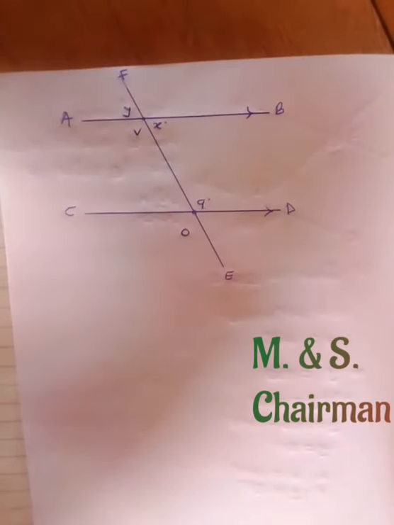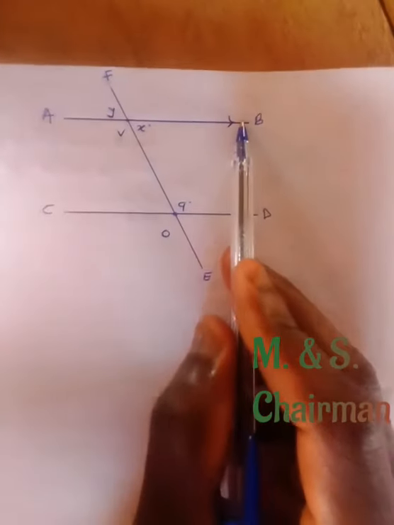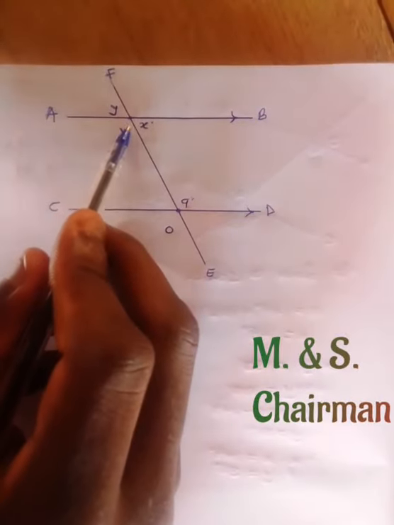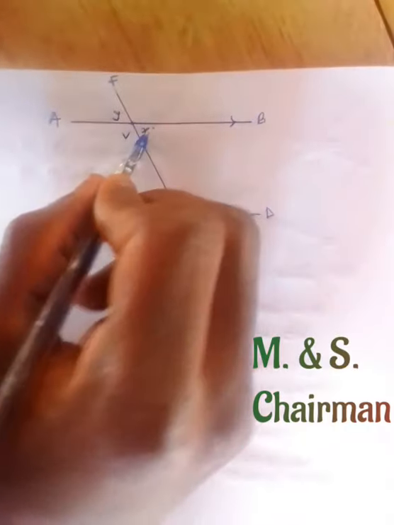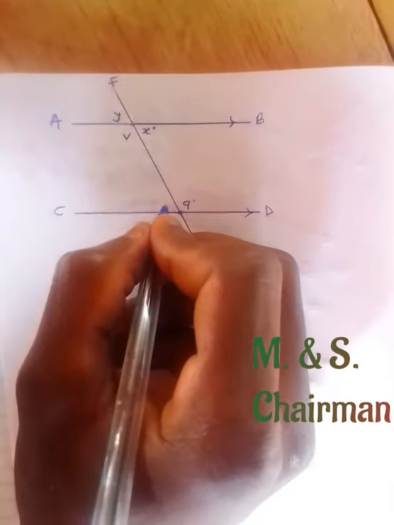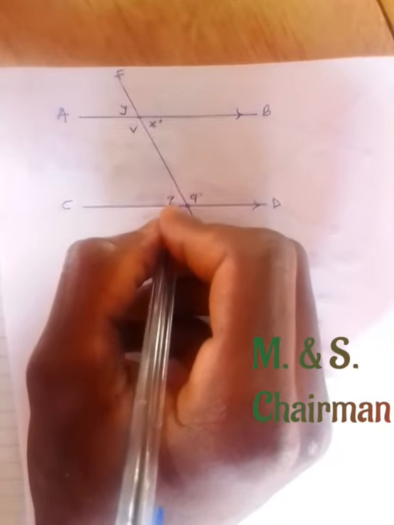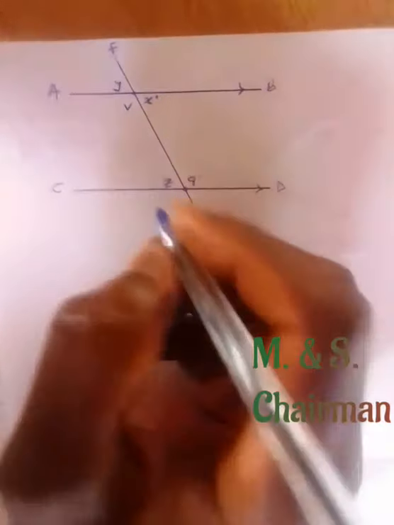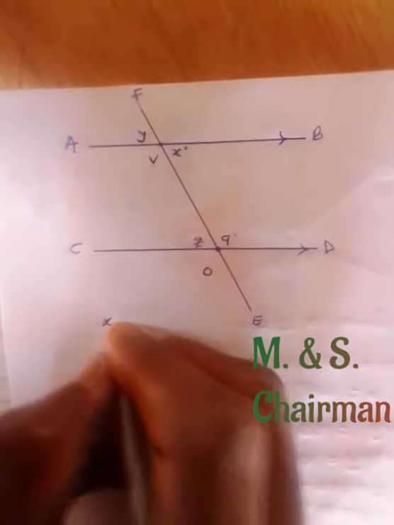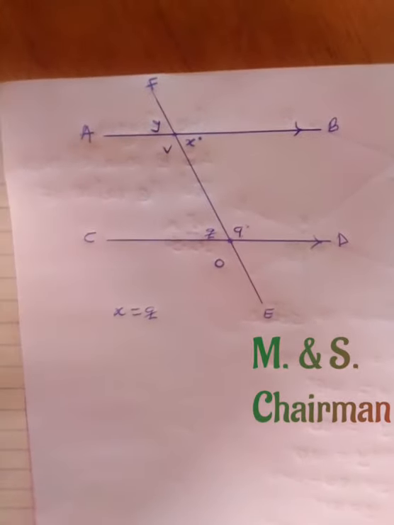When we talk of alternate angles, it has to do with lines that are parallel. Looking at this line and this line, they are parallel lines. This angle is S. So I have my S degrees here. It will alternate here. So if here is S and here is, let me say, my Q, alternate angles are equal. So S is equal to Q. That's alternate angles.